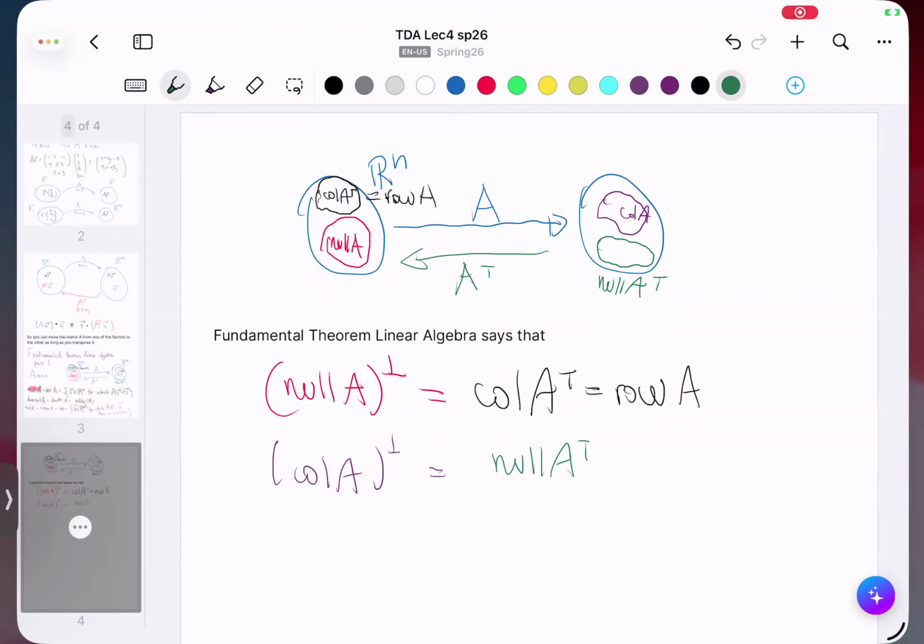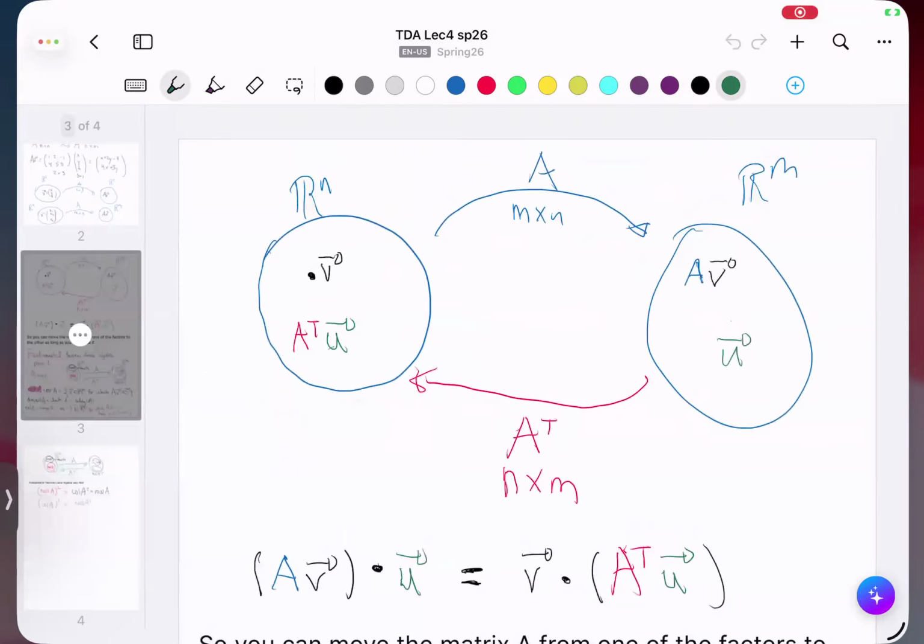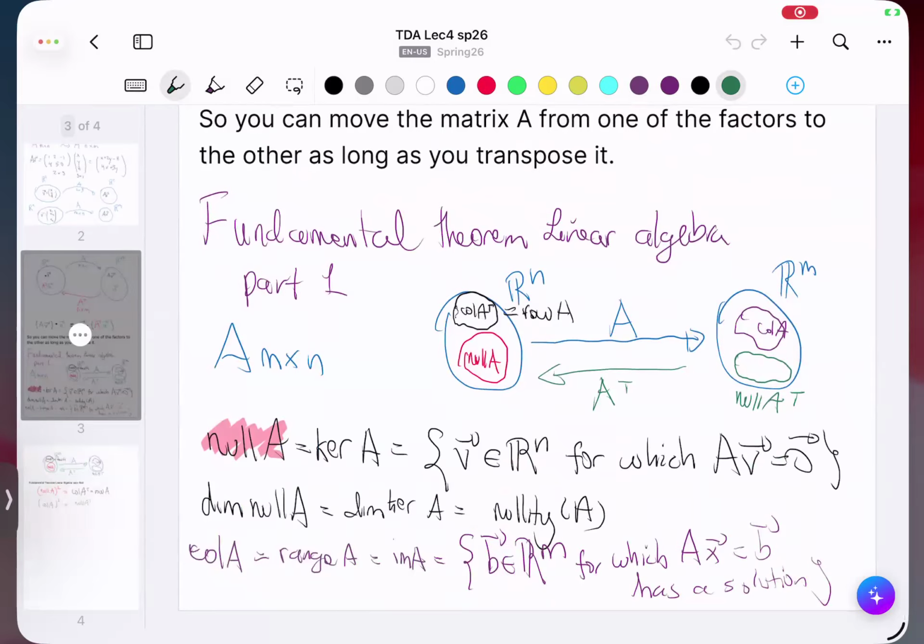Oh, I forgot to say that the dimension of the column space is just the rank of the matrix. That's probably not the way it's defined in linear algebra at the beginning, because you start in that class by row reducing matrices.